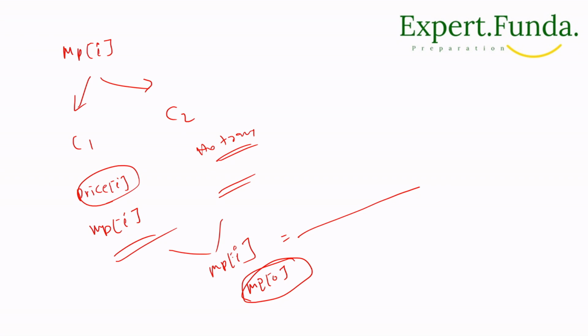If we talk about the complexity, we have gone through two loops over the price list, whose length is N. So the time complexity is O(n) square, because we have a nested loop over the price list, the number of iterations in our outer loop is n, and the number of iterations in the inner loop is also 1 to n.